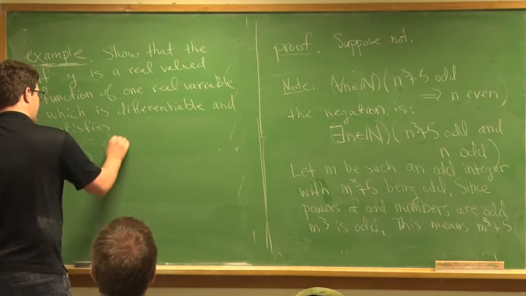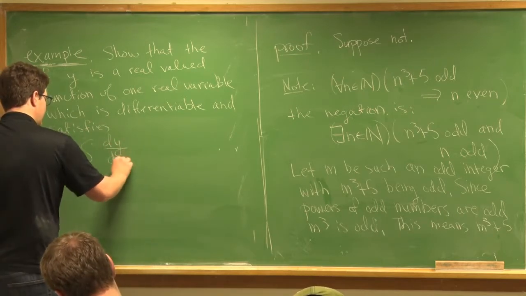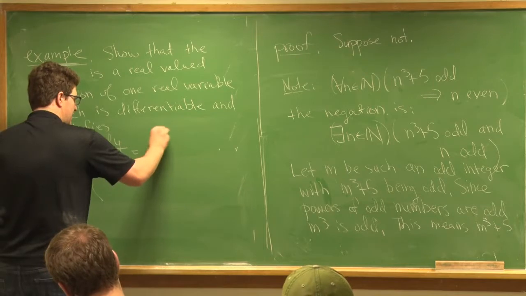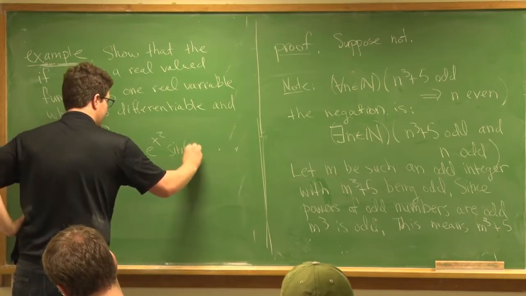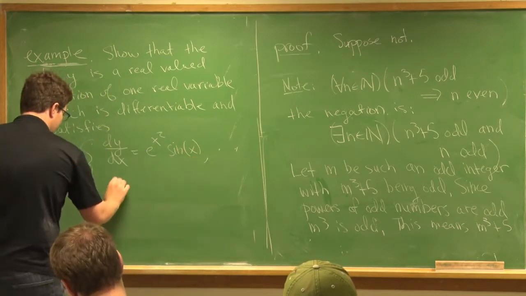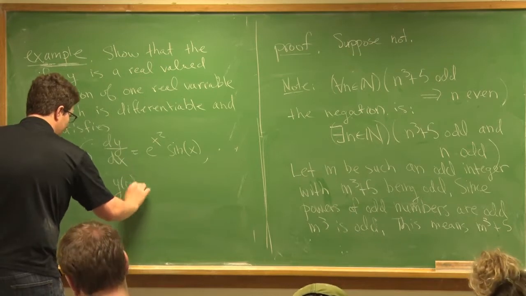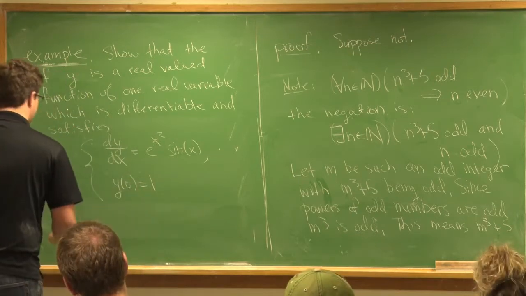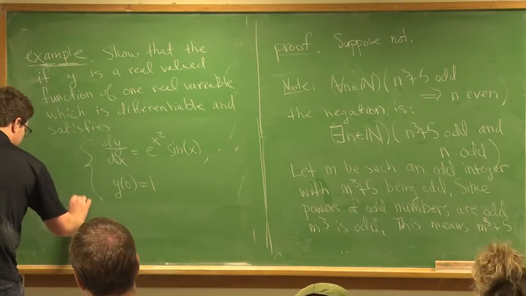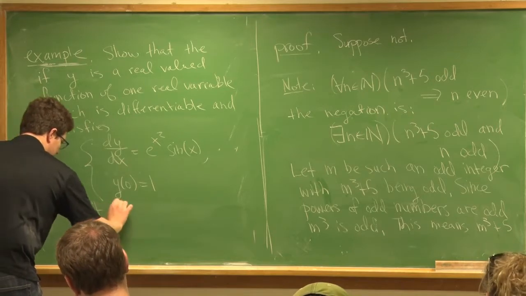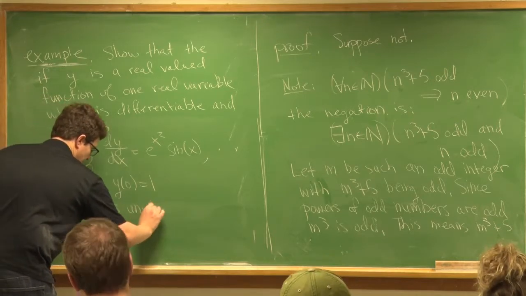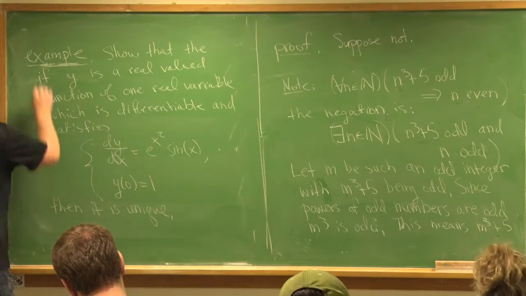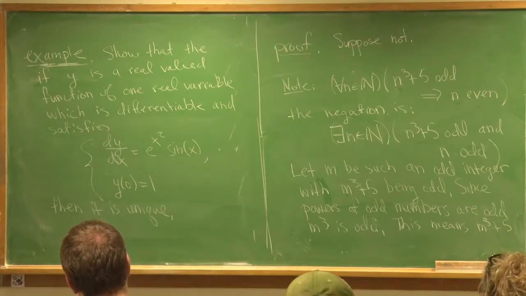I'm going to write down a differential equation now: dy/dx is equal to e to the x squared sine x, and y of 0 is equal to 1. Then it is unique. Okay, so this is what we want to prove.